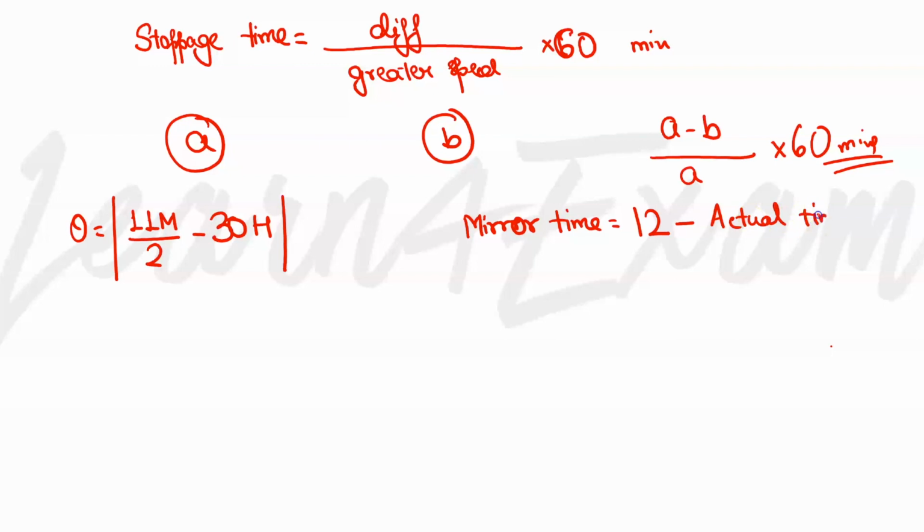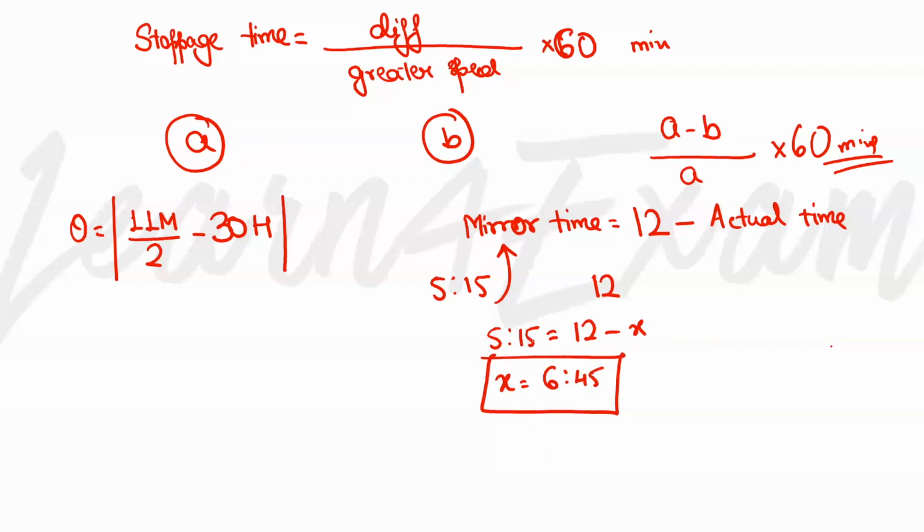So if the question says it's 5:15 in the mirror, what would it be in actual? Mirror time 5:15 is 12 minus x, so x would be 6:45. It can be AM or PM depending upon the question. But this is a very important formula: mirror time is equal to 12 minus actual time.